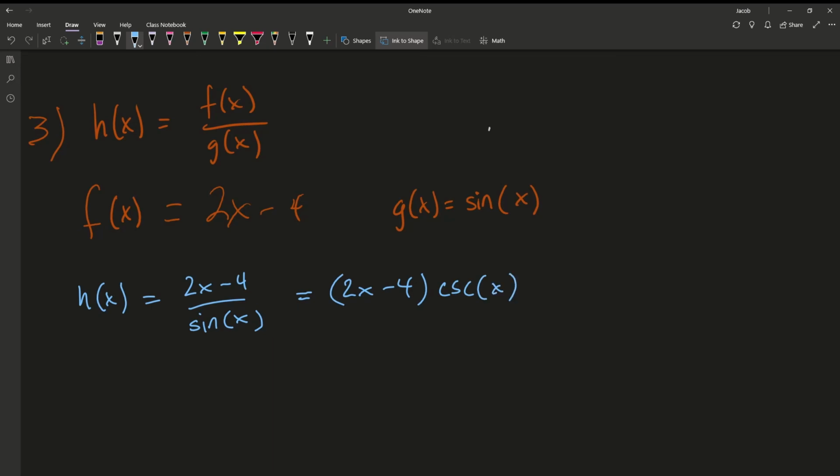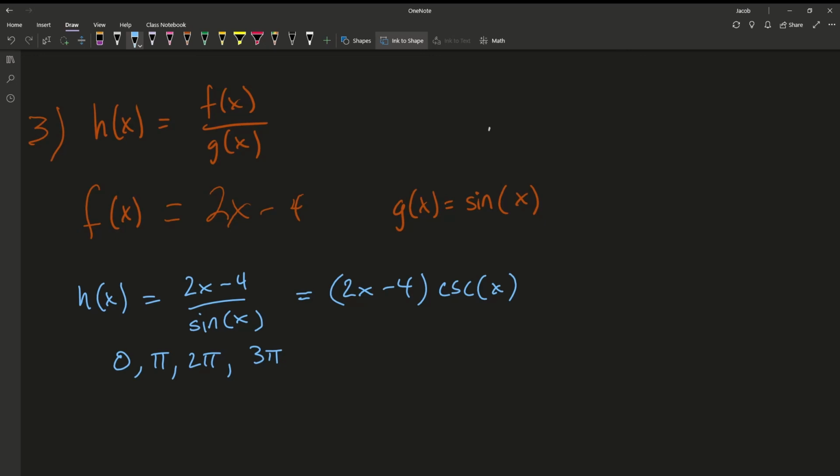So we know that there are going to be some holes in this domain, not because of the linear function, but because of the trig function. So I'll reason out where the denominator is 0 by thinking about when sine is 0, and that's true at 0, pi, 2 pi, and 3 pi.